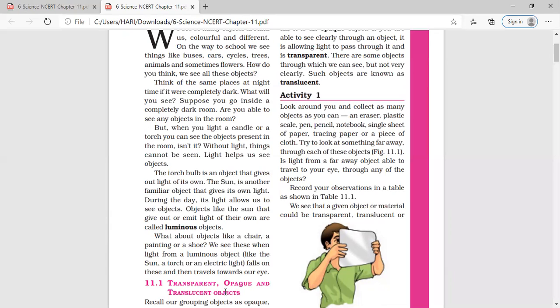And these sources of light can be divided into two groups: natural sources of light and man-made or artificial sources of light. The sun, stars, and an insect called a glowworm or firefly are all examples of natural sources of light.